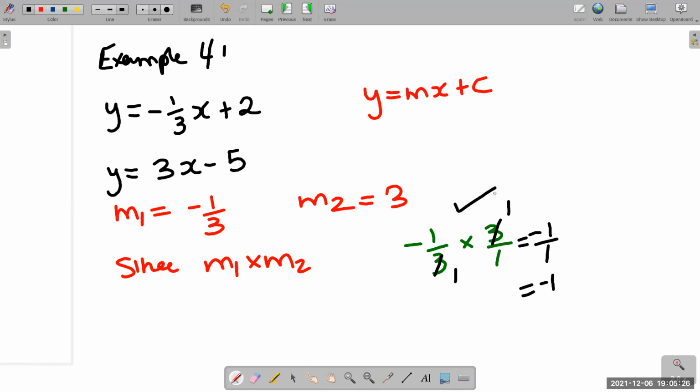So since m1 times m2 is equal to -1, both lines are what? Perpendicular. Everybody see an example of identifying two perpendicular lines, but this is an easy one because it was direct.